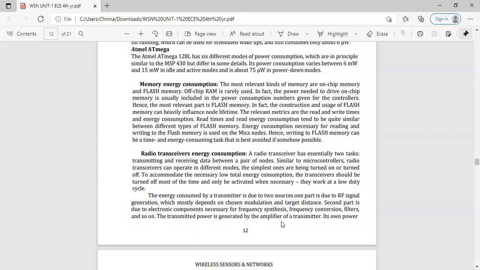The read energy consumption tends to be similar across different types of flash memories. Here, the energy consumption needed for reading and writing to flash memory is for the Mica nodes. Mica nodes are small nodes, we can see later. This is one type of sensor mote.